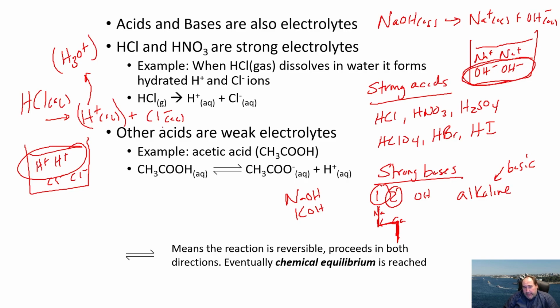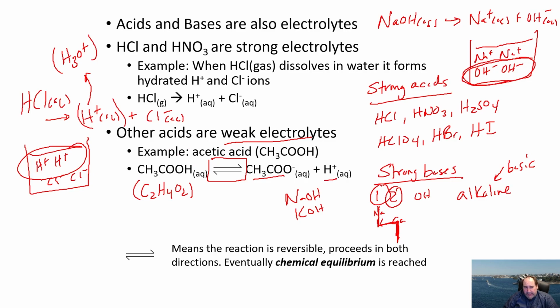Other acids, which are weak acids or weak electrolytes: this is acetic acid, also sometimes written as HC2H3O2. We see our arrows heading in both directions, producing acetate and H plus.